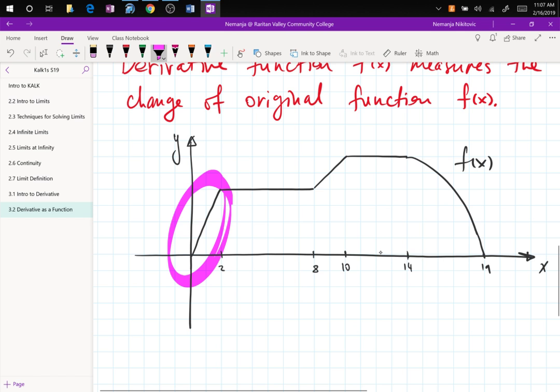If it was the battery charging graph for energy storage, it would be gaining energy, batteries charging. So whatever you want to think of in terms of application, from the graph we clearly see that we are gaining y over time. It's a positive change and it's happening at a constant slope of 2 because it's 2 over 1.